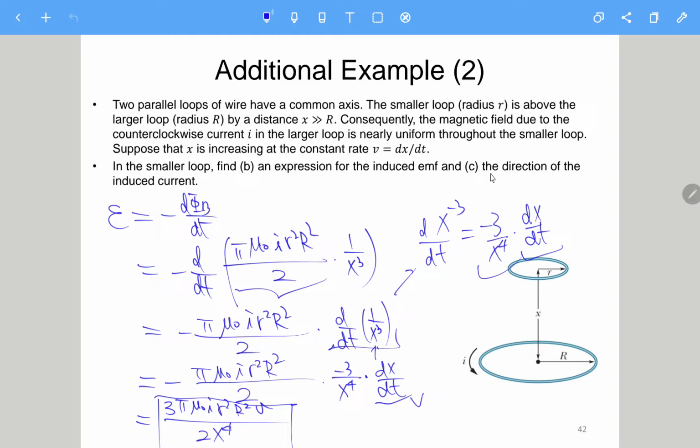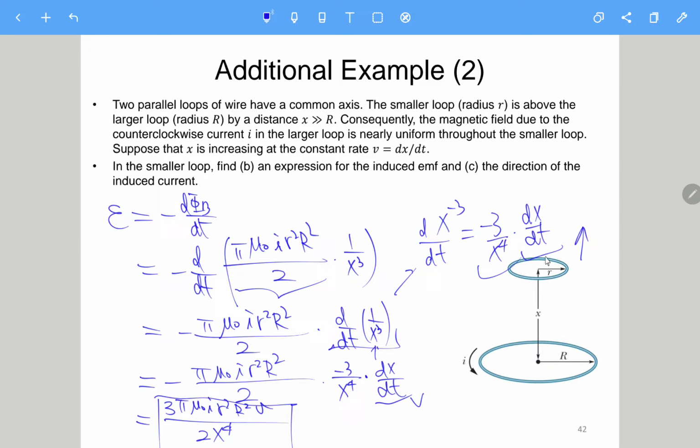Then for part C, it asks for the direction of the induced current. In this case, we can see that for this loop, the current is counterclockwise, which means that the B field is pointing upward. Pointing upward is a positive direction.